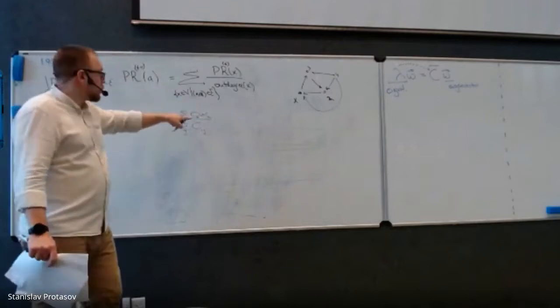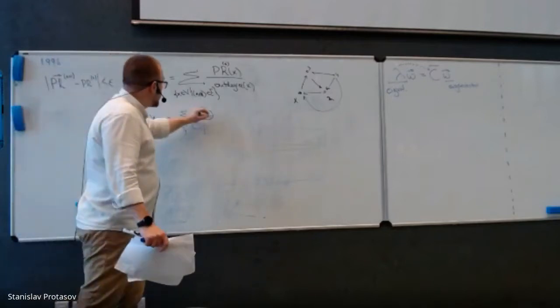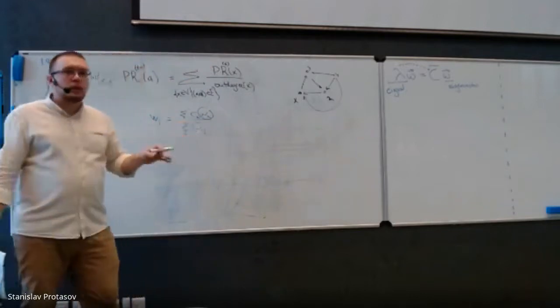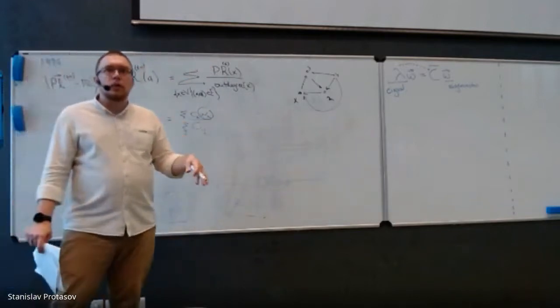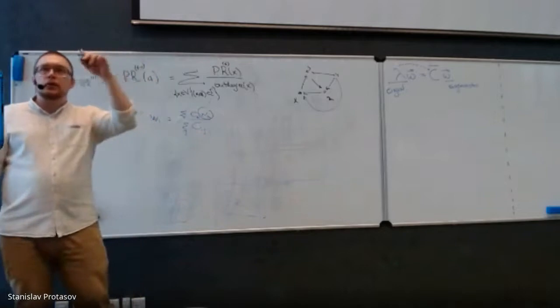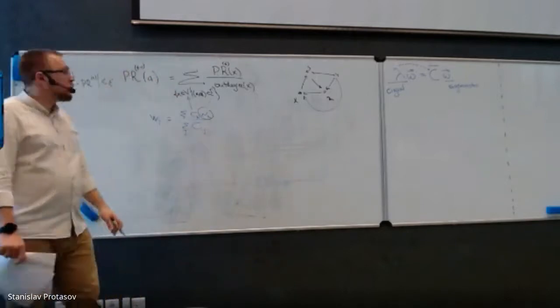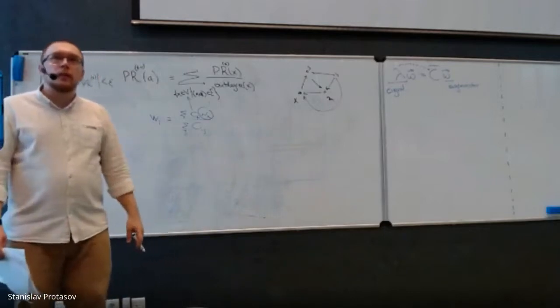Citation. Oh, so sorry, W is reputation here, okay? C here can be what? Either 0 or some value. So it can act as a delta function, which says which edges we take.